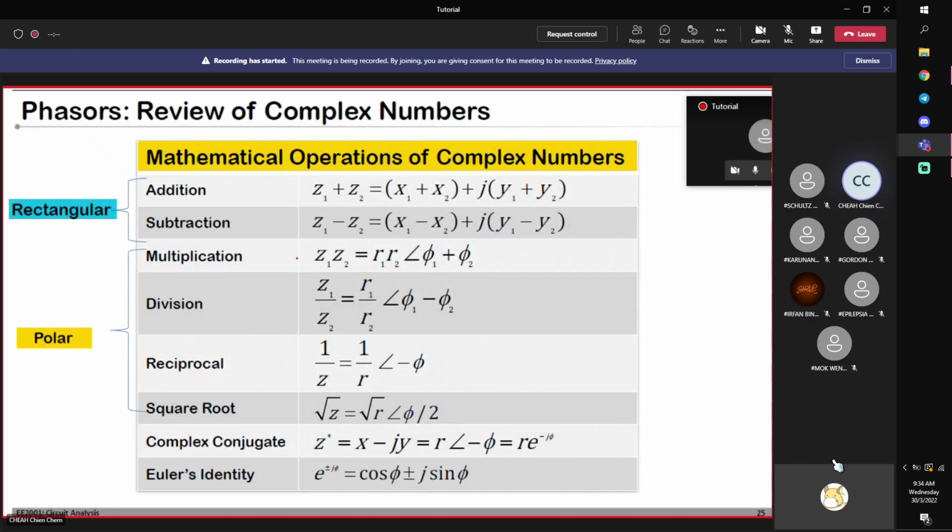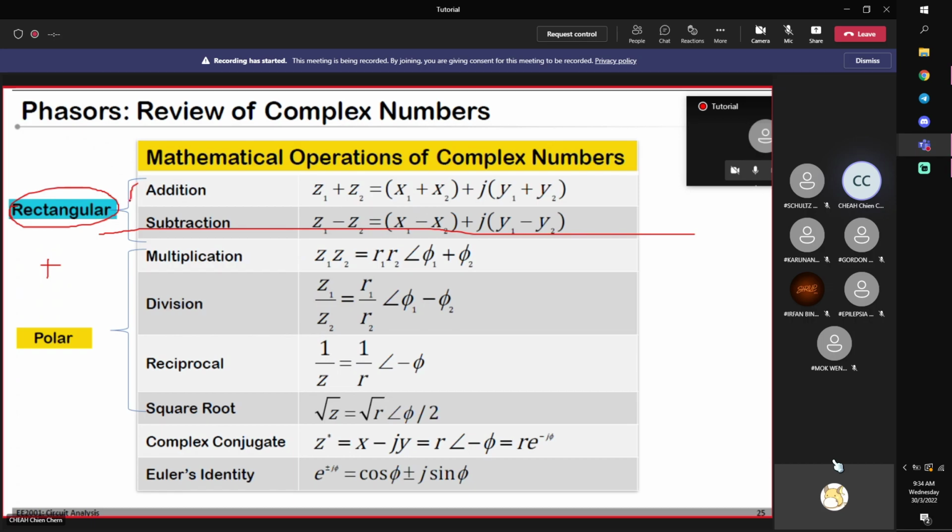You also have to review how to do mathematical operations, namely addition, subtraction, multiplication, and division. Basically, these 4. For addition and subtraction, no other way, just rectangular form, so make it easy. For multiplication and division, you can use both.